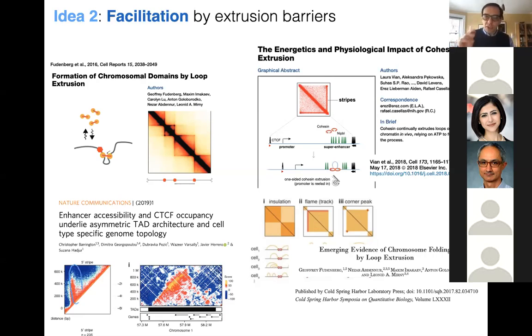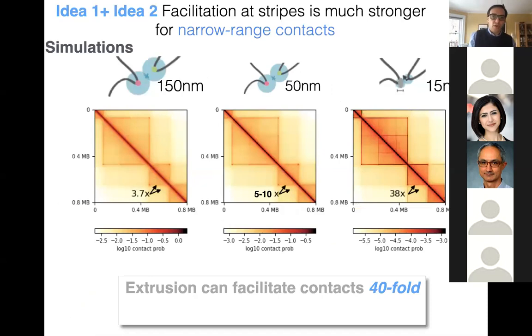So what's new here is what's going to happen if I combine this idea and the first one. If I look now at the stripes, but using the narrow contact radius, I see enormous facilitation. If stripes in Hi-C were somewhere like 4-fold, in Micro-C maybe 5 to 10-fold enrichment, as far as direct interactions between molecular complexes, stripes can go up to 40-fold.